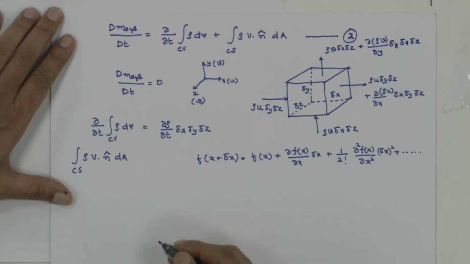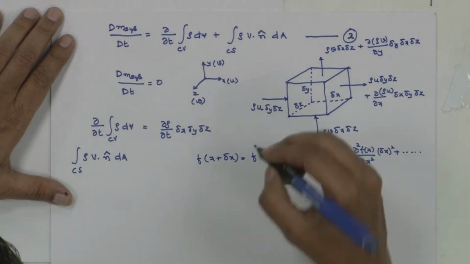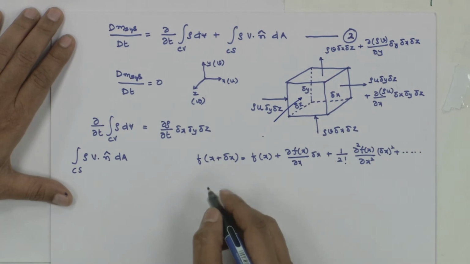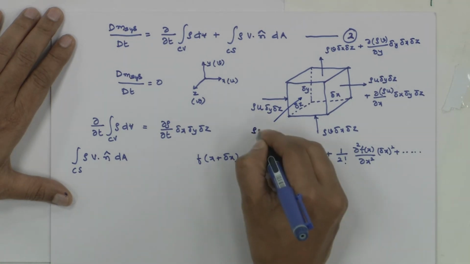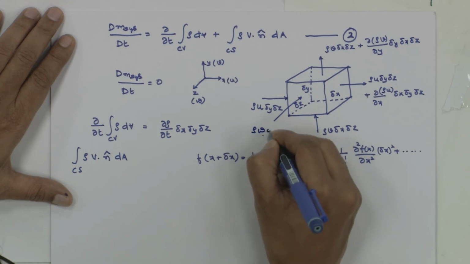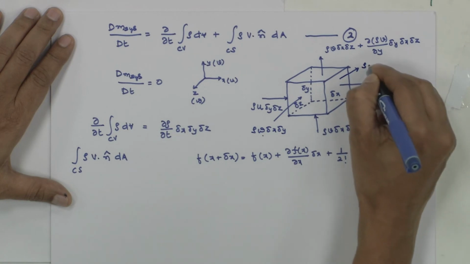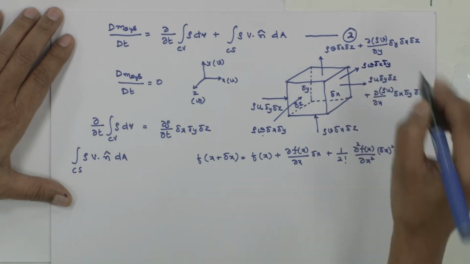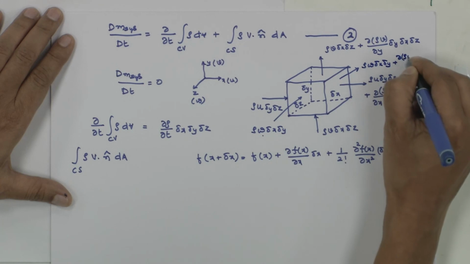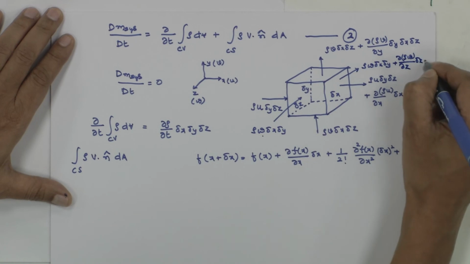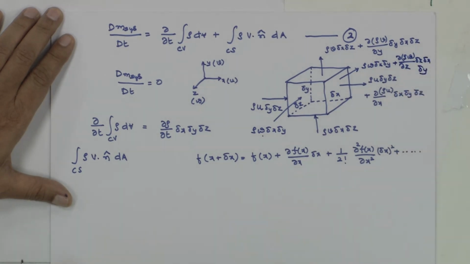What is left is the flow rate in the z direction. For the area delta x delta y, we get rho w delta x delta y coming in, and what is getting out would be rho w delta x delta y plus del of rho w upon del z delta z delta x delta y.